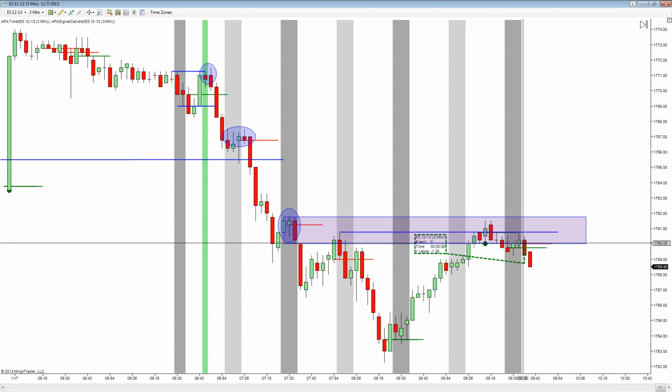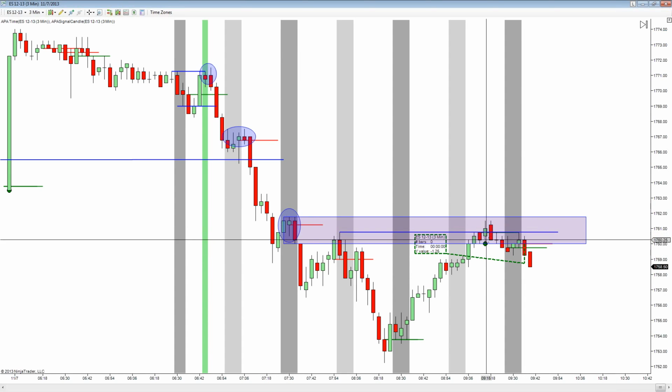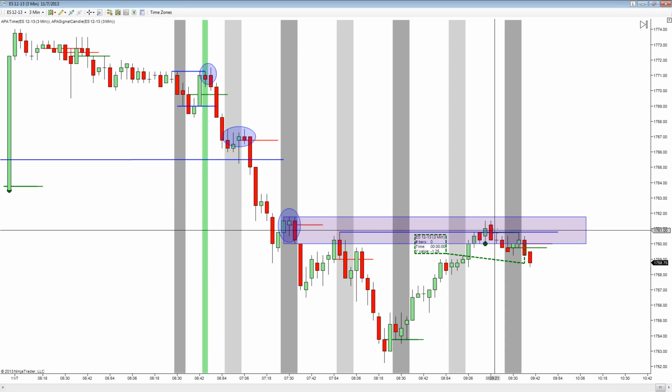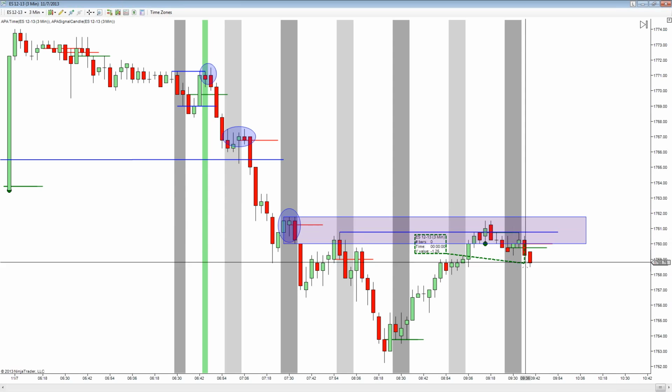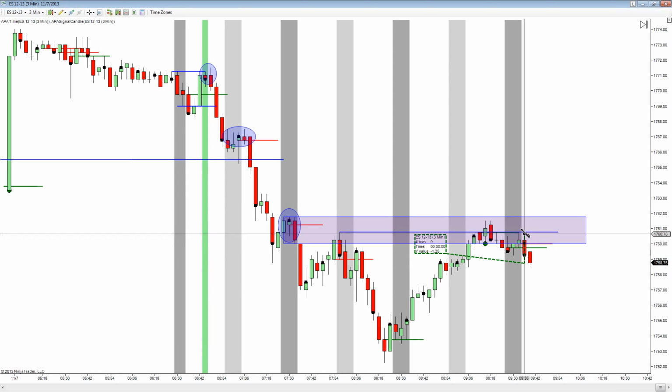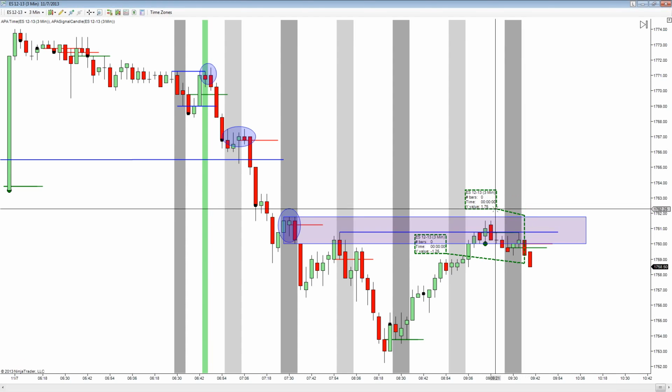So taking this is really almost like taking the confirmation of a retest to fail to break a new high, and we want to take it down there, maybe in a quick little one-to-one scalp or something.